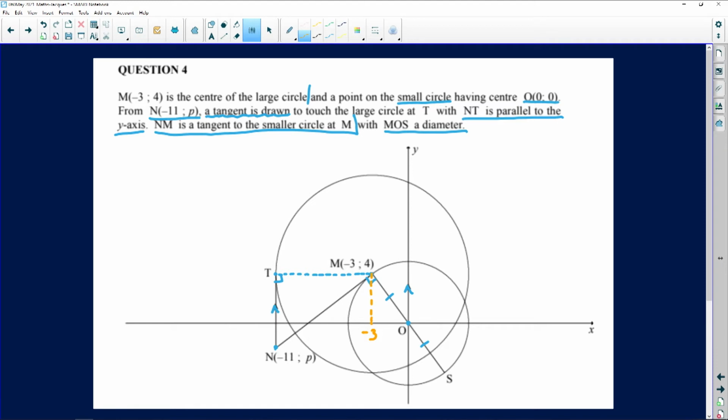The x value at this point here, because it's parallel, now we see why they had to tell us that these two are parallel, because that means they share x values. It's perpendicular to a line that's parallel, so this will be the point -11 and 4. How sneaky was that? That was quite clever.